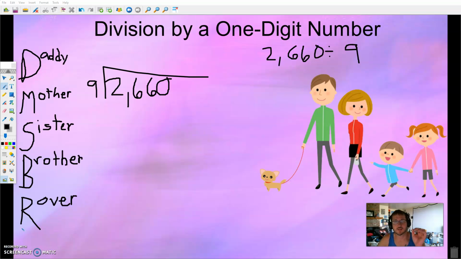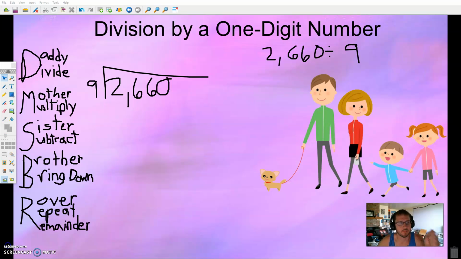Now those 5 words help us remember the steps for our long division. Daddy, divide. Mother, multiply. Sister, subtract. Brother, bring down. And then rover is either repeat or remainder. Okay, so again, daddy, mother, sister, brother, rover. Divide, multiply, subtract, bring down, repeat, remainder.